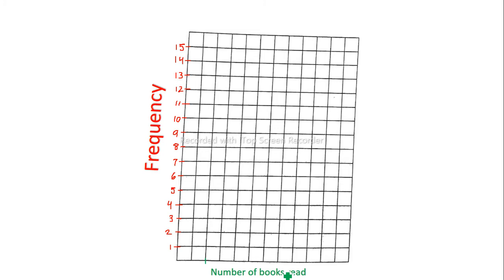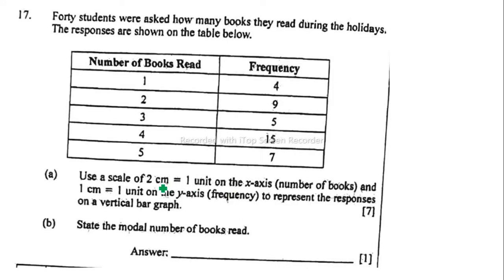I'm trying to figure out because they say 2 centimeters equal 1 unit. The number of books read is 1, then 2, then they say 3.